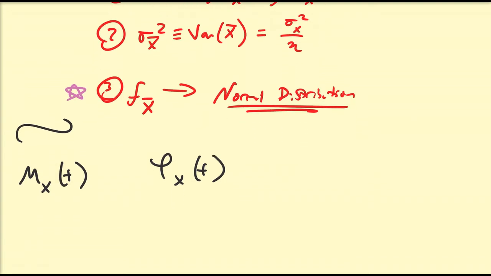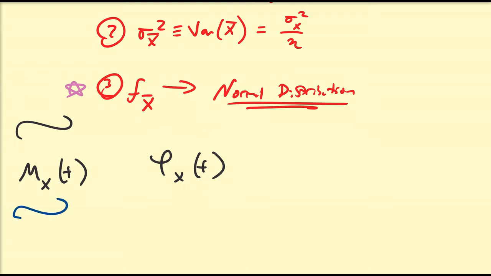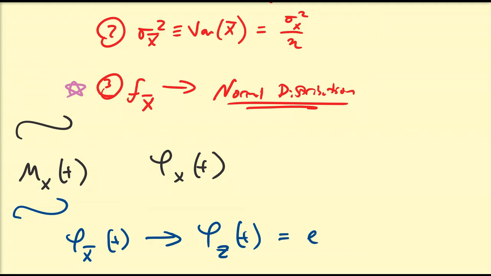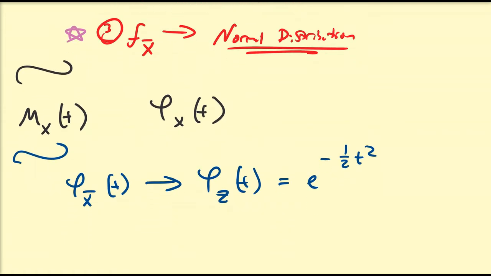So what we're going to show is that the characteristic function for the random variable x bar converges to the characteristic function for a random variable Z of t. And remember, the characteristic function for a standard normal random variable is e to the minus 1/2 t squared.